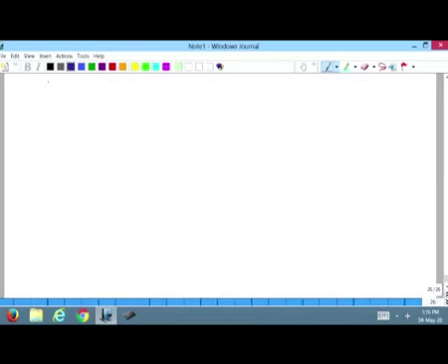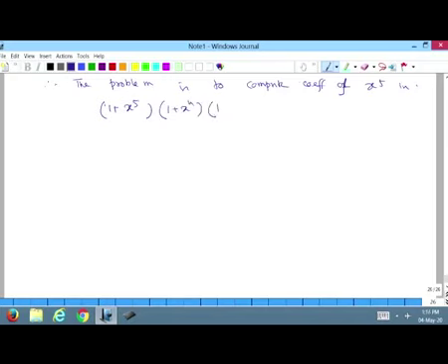Therefore, the problem boils down to computing the coefficient of x to the power 5 in 1 plus x to the power 5, multiplied by 1 plus x to the power 4, multiplied by 1 plus x to the power 3.